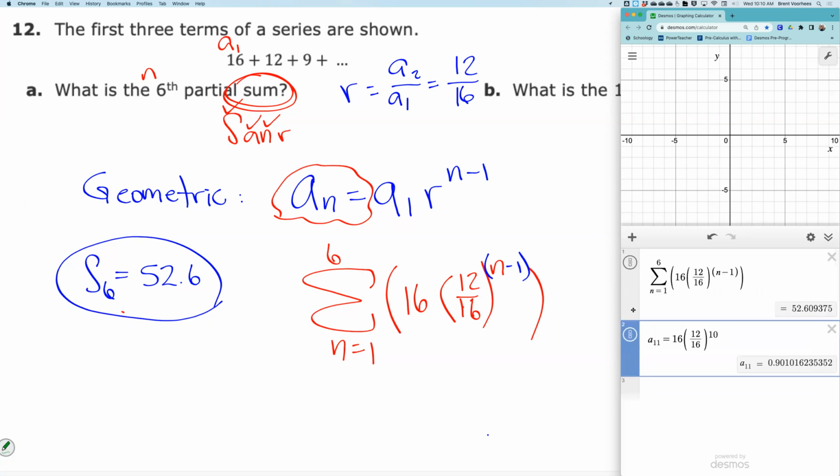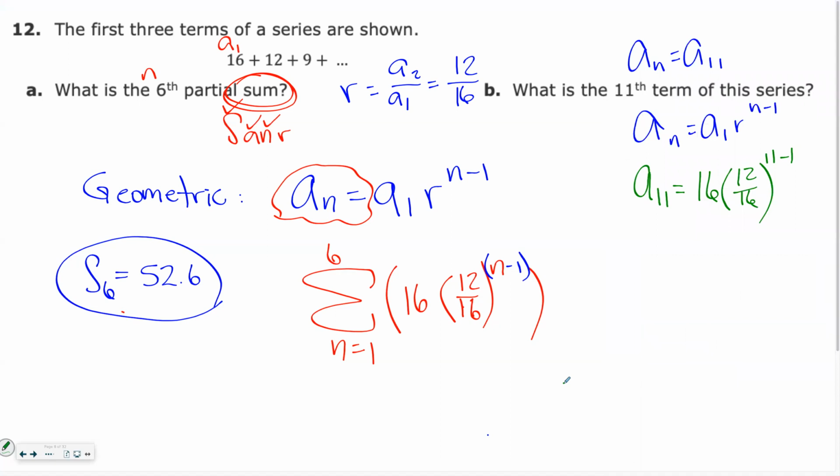On this one, did I do fraction or decimal? I bet I did decimal. I'll do it to the nearest 1,000. How many zeros are there in 1,000? 3. So with 3 decimals, it would be 0.901.